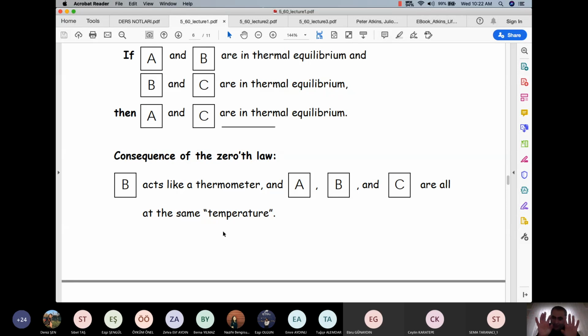You want to measure A and C, and you put a B in between. This B can only measure the heat transaction and nothing more. You don't give any external heat flow from B to C or B to A. What B does is only measure the heat flowing from A to C.